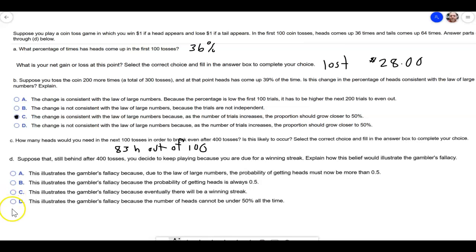So there would be D here, right? Oh wait, I'm sorry, B right here. This illustrates the gambler's fallacy because the probability of getting heads is always 0.5. It's always 50%.